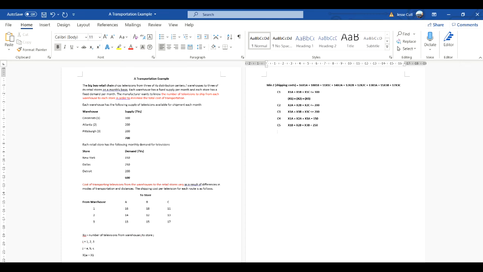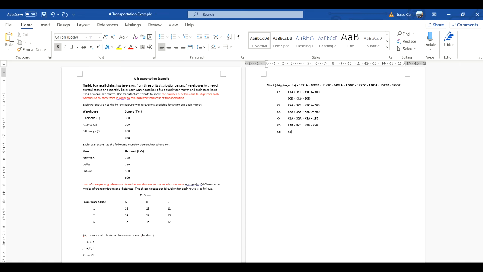The last one, C6. Here again, we see Detroit demands 200 TVs. Anything less is unacceptable. So how do things get to store number C? 1C, 2C, 3C.